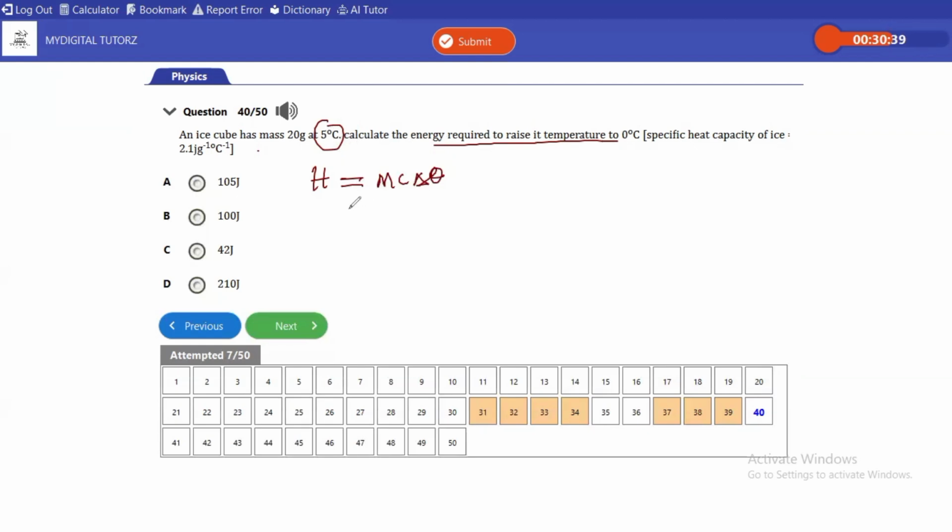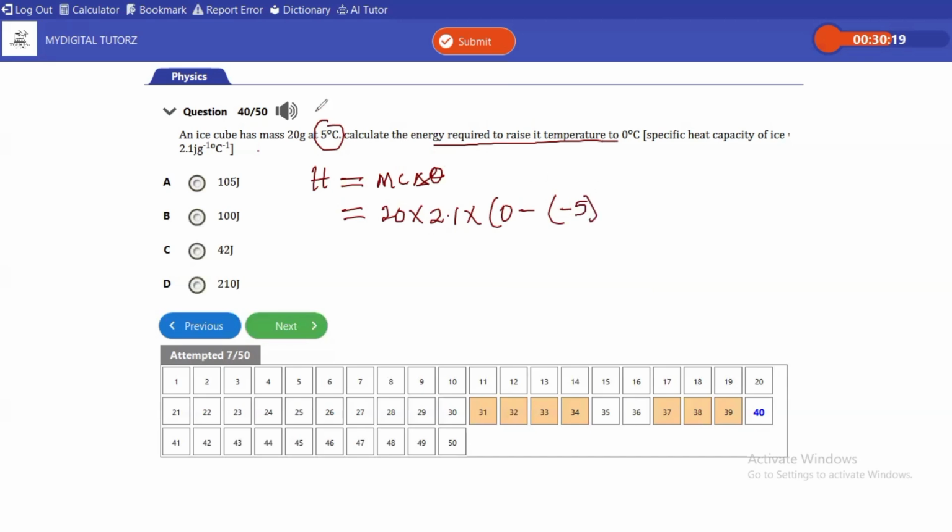So in that case, it's going to be equal to mass, 20, multiplied by specific capacity, 2.1, then multiplied by the change in temperature, which will be 0 minus bracket minus 5.